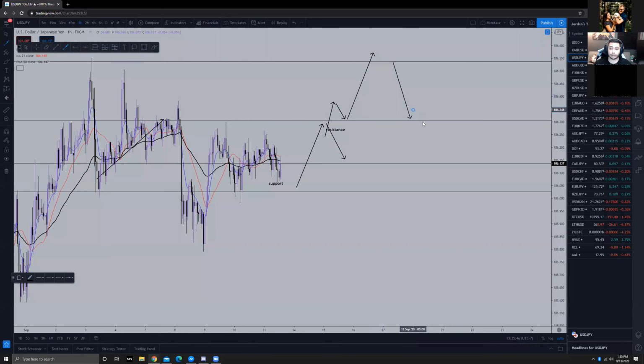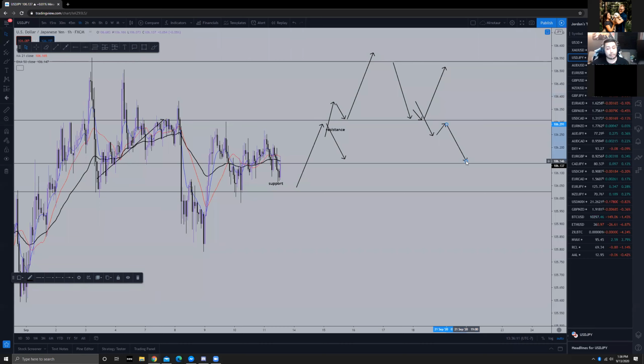It'll either reject and go find the next resistance if it doesn't have enough seller volume, or it'll break and typically you see a retest before going down and finding the next support.